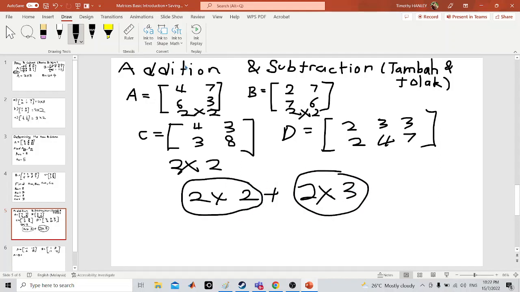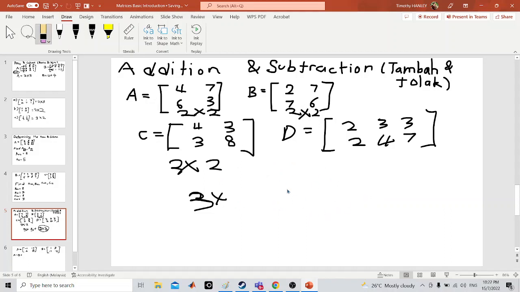So for addition and subtraction, we are not able to solve this type of question. It should be 2 by 2 plus 2 by 2, or 3 by 3 plus 3 by 3. Then we can solve this type of question for addition and subtraction of matrices.